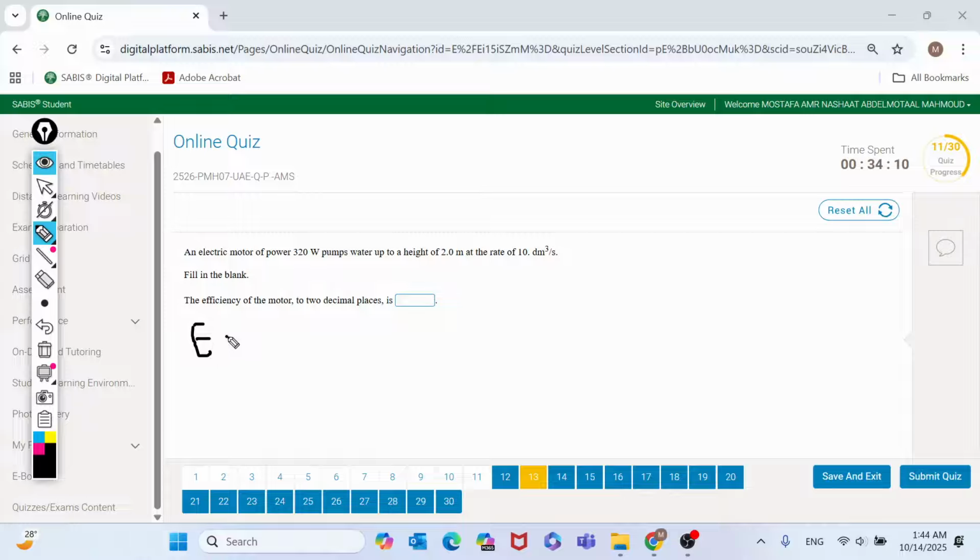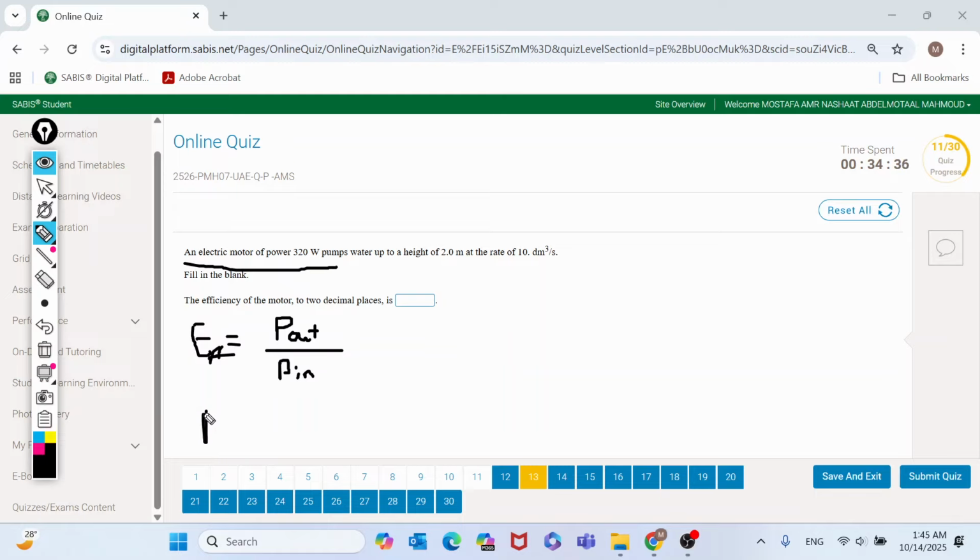Okay, so efficiency equals power out, like the output, over power in. So power in is just 320.